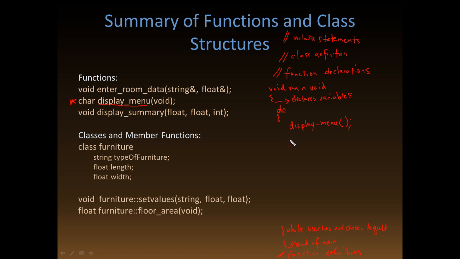And then we need some sort of an if structure that says, okay, if they've entered this option, do this. If they've entered this option, do this. So we could use an if, or we could use a switch, might be a better option. And this function would be returning something.